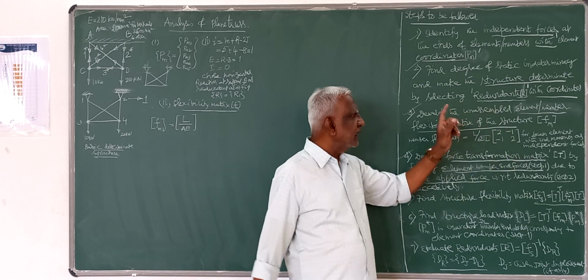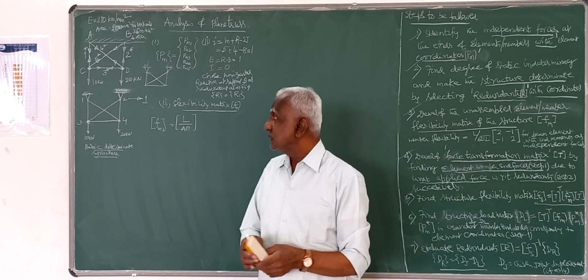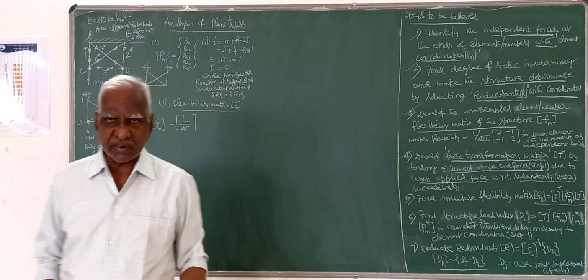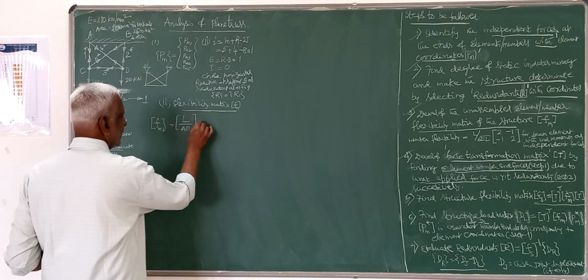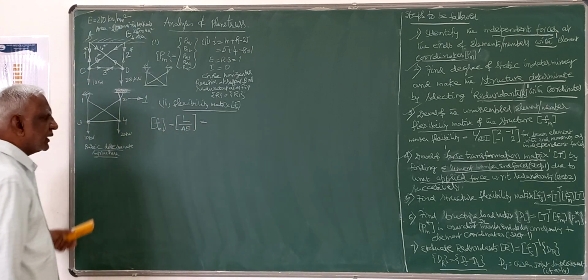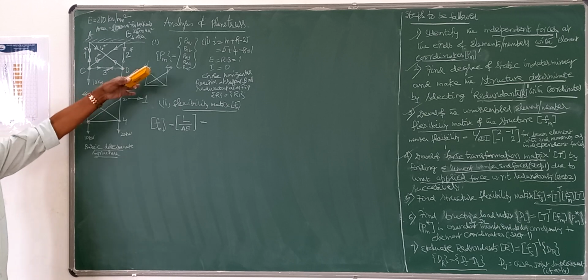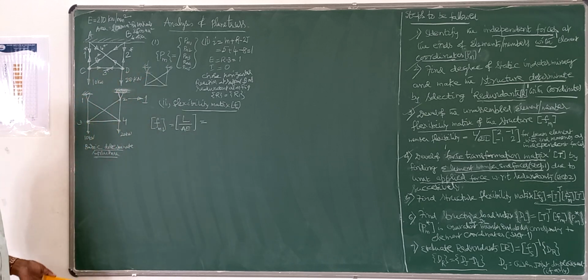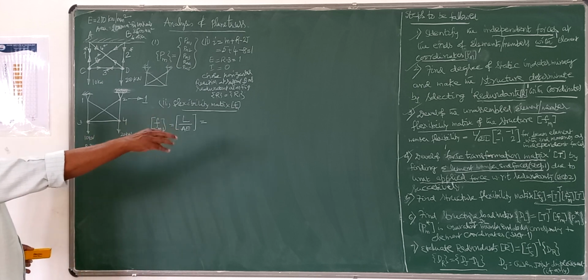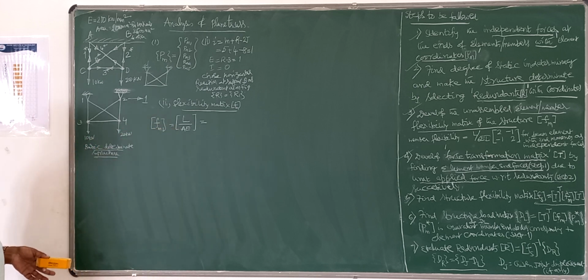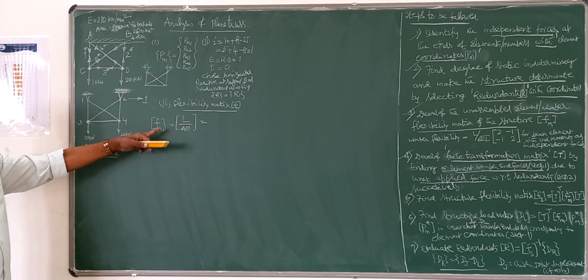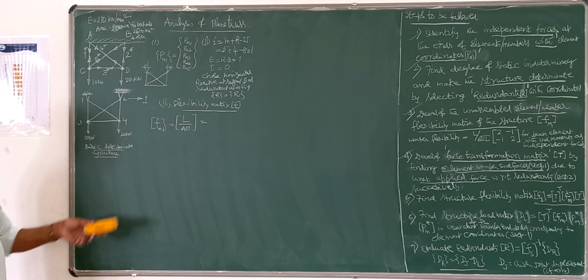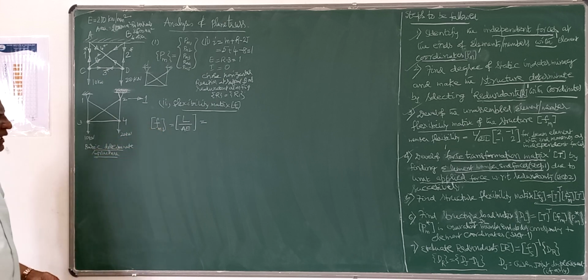For truss, it is just L by EA, axial rigidity. That we have derived in the previous classes, so that you can use it. That is the element flexibility matrix for a truss. So this is one change from the problem. The element flexibility matrix is, instead of L by 6EI, 2 minus 1 minus 1, 2 for beams, it is L by AE for the truss element, where L is the length, AE is the axial rigidity.